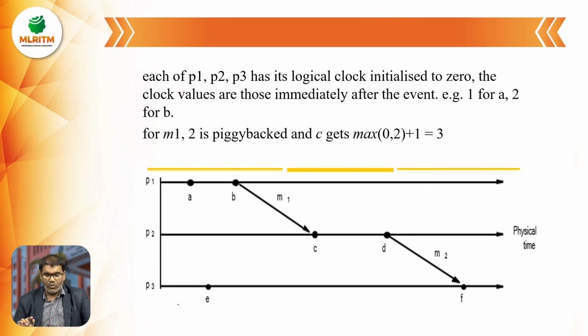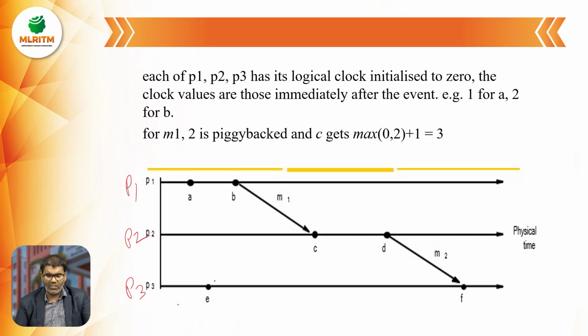For M1, 2 is the piggyback, and C gets the maximum of 0 comma 2, plus 1, equal to 3. Like this we are taking values, and we are representing it in the form of a diagram. Here process 1, process 2, process 3, and we have the events A, B, C, D, F and E, but we do not have connectivity with E.